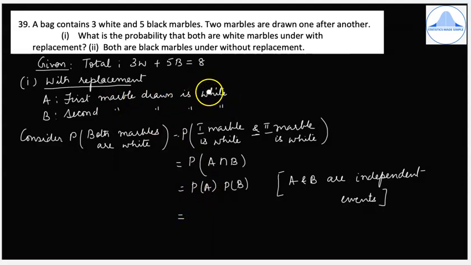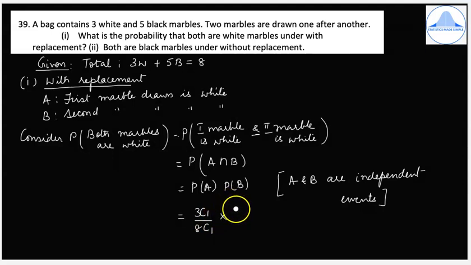Okay, so there are 3 white marbles and you have to pick one. So it is 3C1 divided by 8C1 into probability of B, that is B is the second marble drawn is white. So you have removed one white marble and you're putting it back inside, so the number of marbles do not change, nor the white marble count also changes.